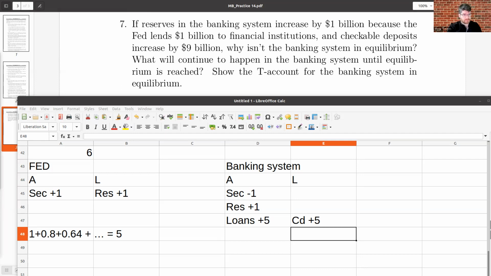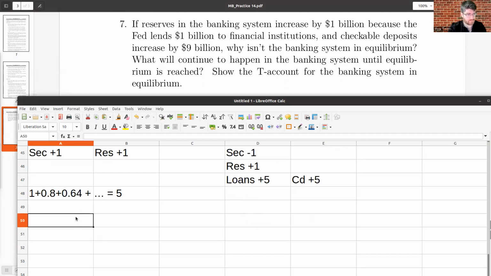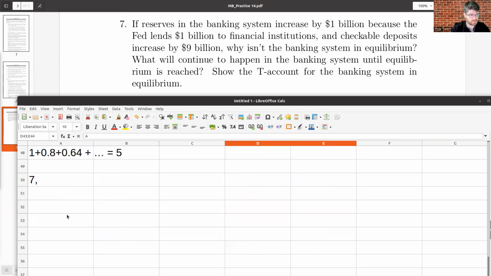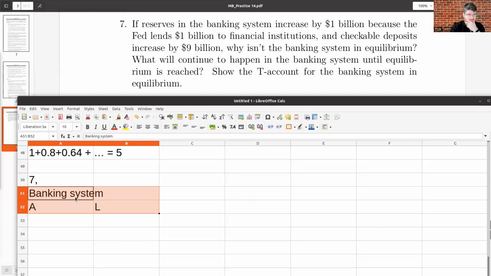So let's demonstrate this number 7. Number 7, the banking system is what we need. We are talking about the banking system here. Reserves as the asset. If the reserves increased by 1 billion, plus 1 billion.